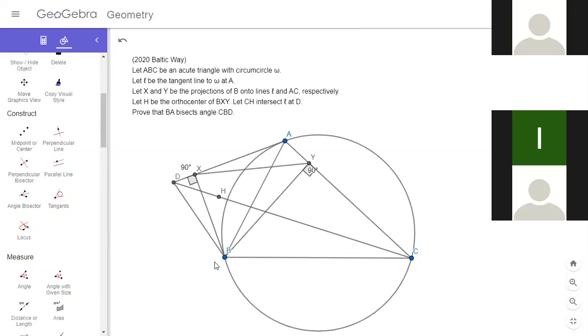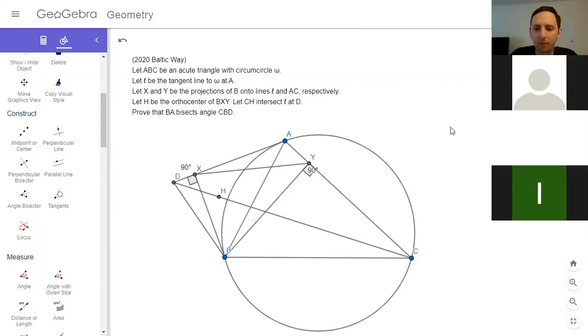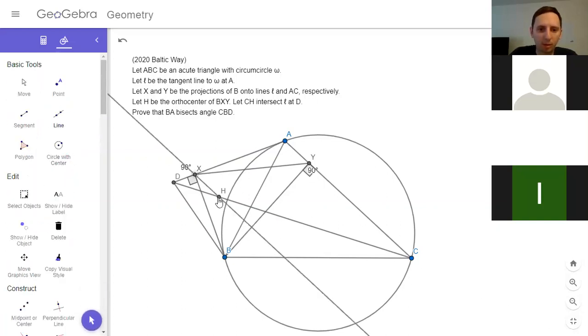Obviously, BXAY is cyclic. So let's see. That's interesting. CH. Yeah, maybe I should draw in some of the altitudes. Maybe at least those two perpendiculars.